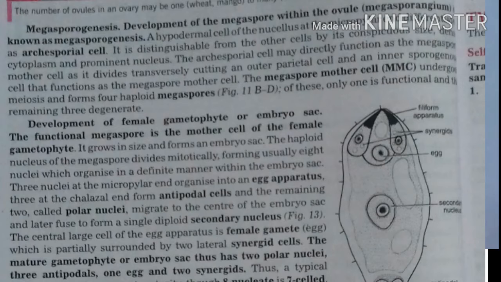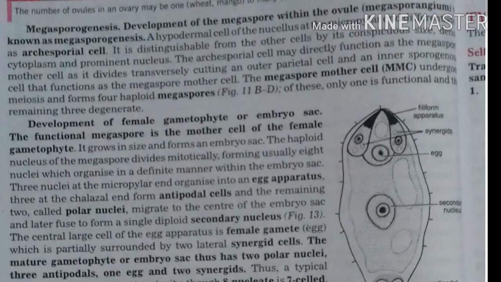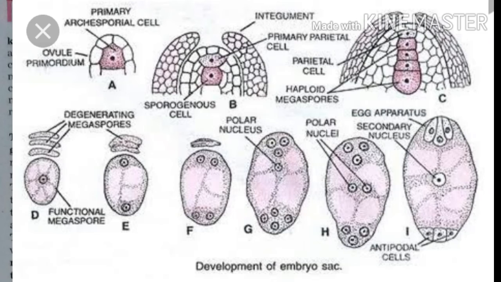The archesporial cell may directly function as the megaspore mother cell, or it divides transversely, cutting an outer parietal cell and an inner sporogenous cell that functions as the megaspore mother cell. The megaspore mother cell, that is MMC, undergoes meiosis and forms 4 haploid megaspores. Of these, only one is functional and the remaining 3 degenerate.